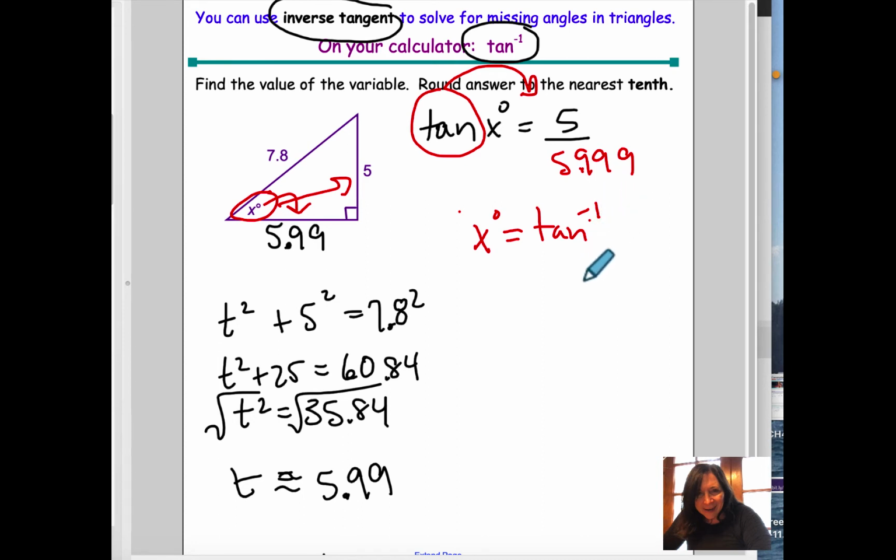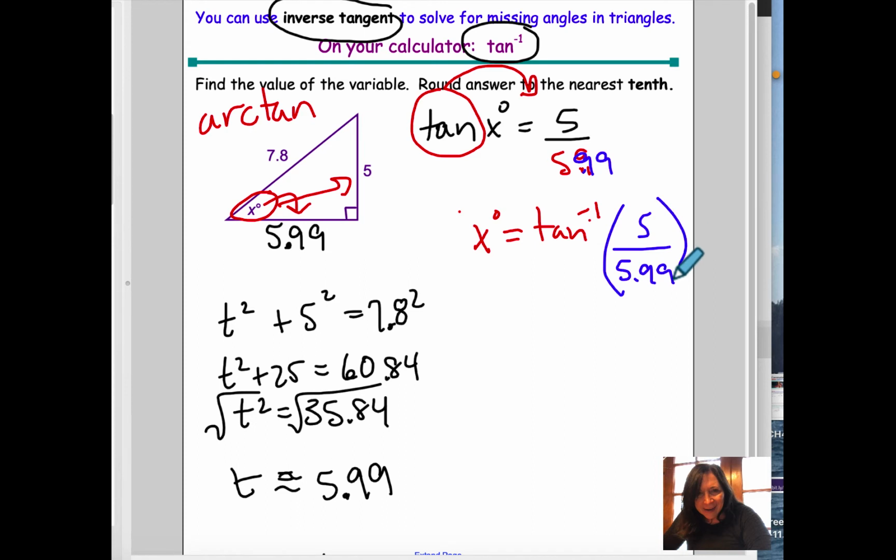It's the inverse. We don't say tangent inverse. We say arctangent. That's what I'm saying out loud. This is what I'm writing. Okay, so you're going to say arctangent of this value, which is 5 over 5.99. I think I got too many nines there.